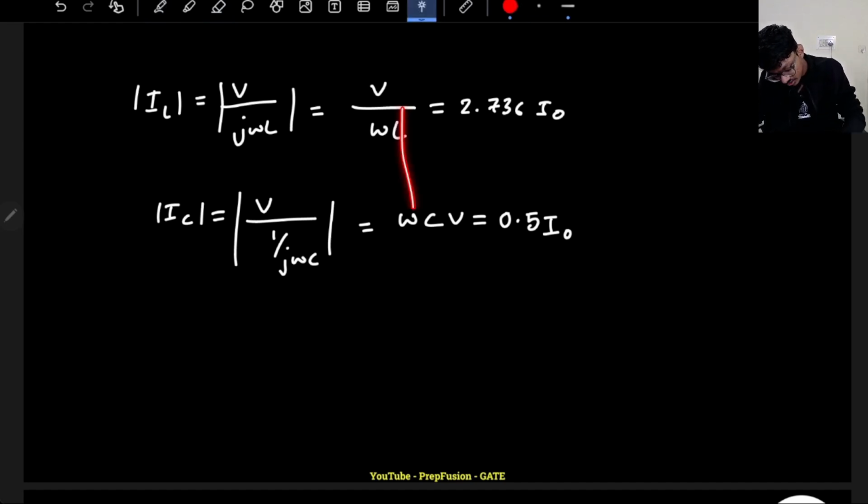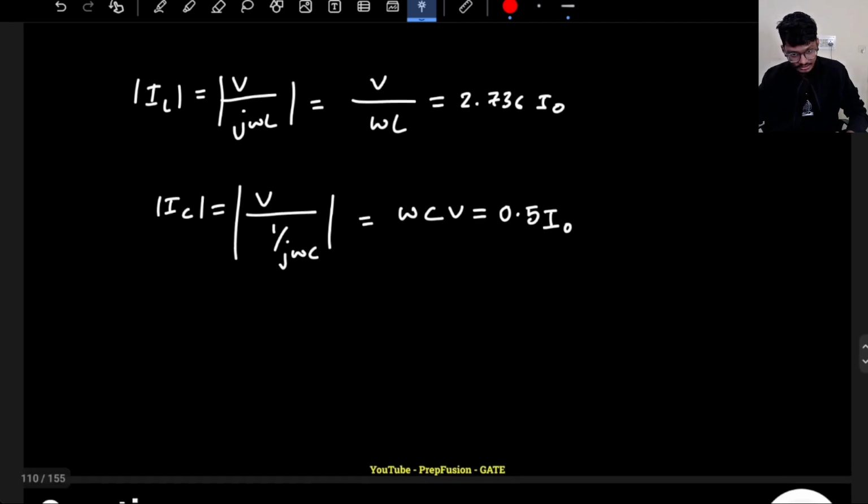Now if I take the ratio of these two, then I naught will be cancelled. L and C will come in product. Omega will not be... no, I should not take the ratio of these two. Yes, I should actually take the ratio of these two only. Omega square will still be there, right? Oh, okay. Some mistake has been done on my behalf.